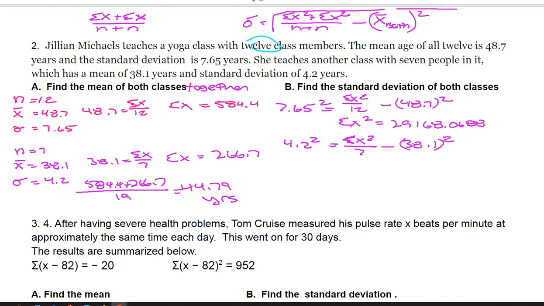Same kind of thing: I'm going to square 4.2, add 38.1 squared to that, and then multiply that by 7, and that's going to give me a sum of x squares is equal to 10284.75.